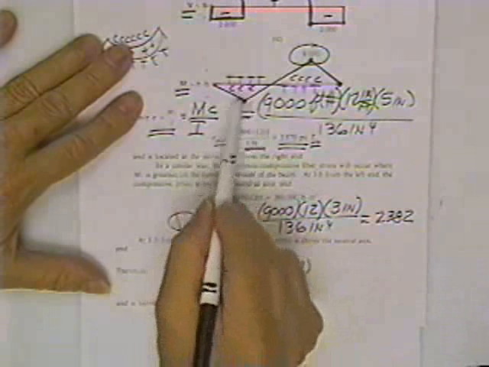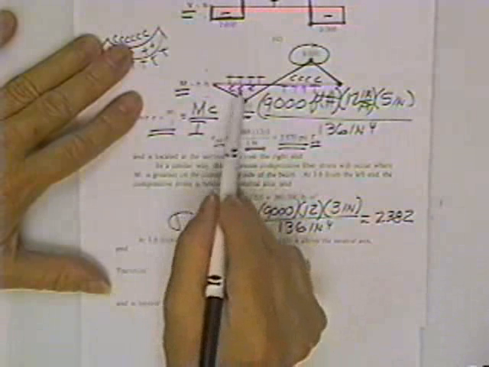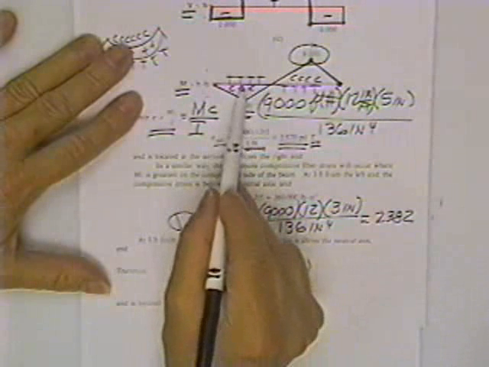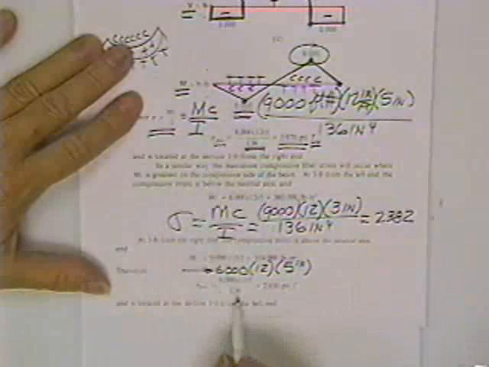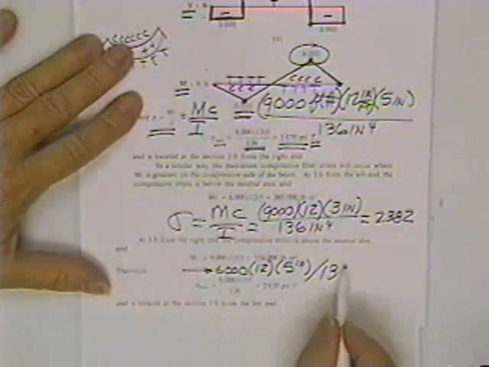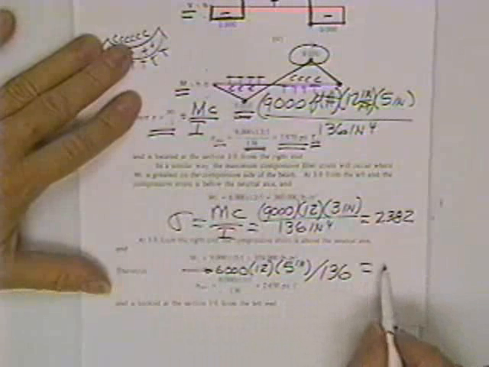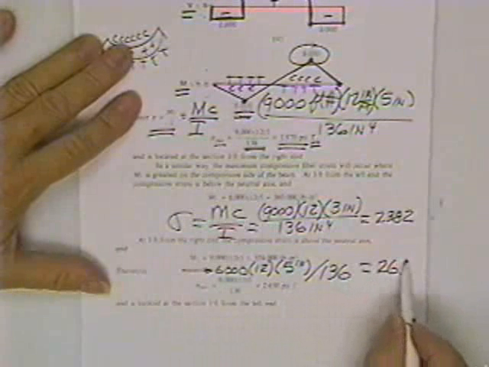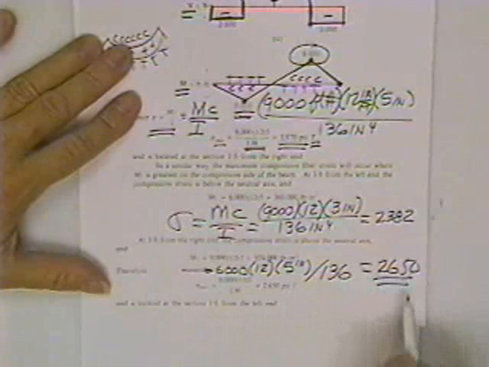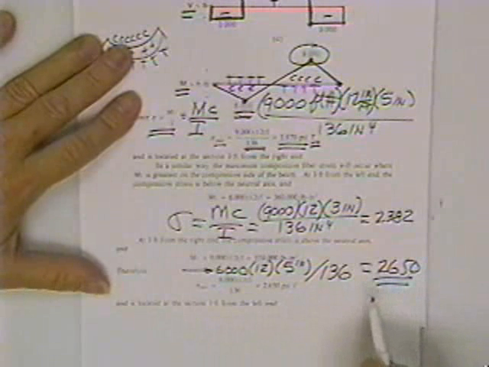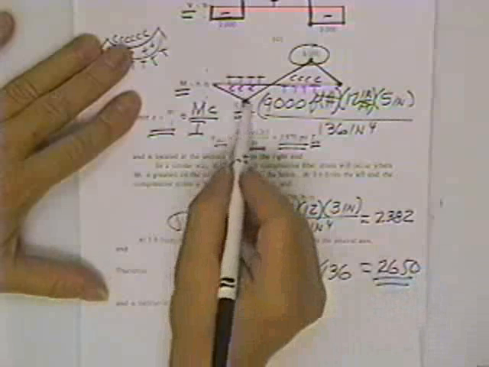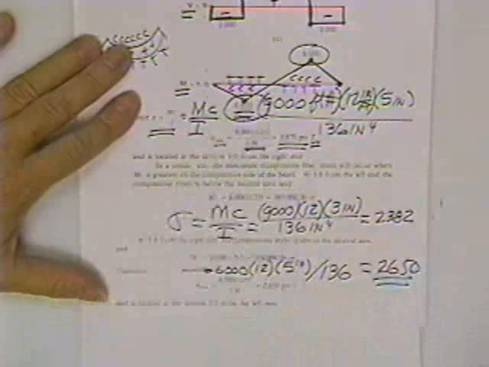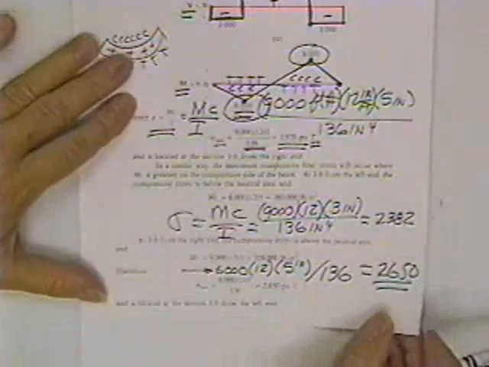The reason being is in this region the compression fibers are on the bottom, so he gets to go 5 inches from the neutral axis to the bottom fiber, divided by the moment of inertia, 136, and now he gets 2650. And this is the winner for the compressive stress, even though it is at a place that doesn't at first appear likely to have maximum stresses because we don't have the biggest moment there. Very tricky.